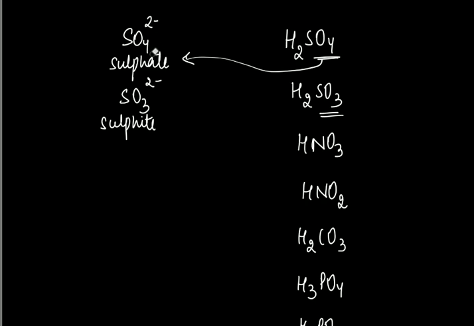So we say that the one which has more oxygen atoms relative to the other ends with the suffix ate. The one having fewer oxygen atoms relatively is ending with the suffix ite. Now these suffixes have a meaning.